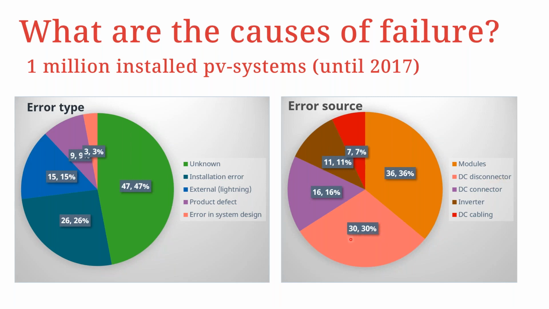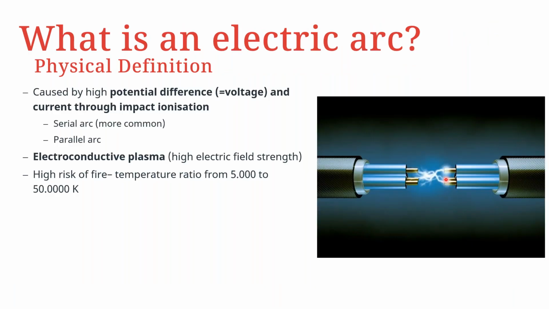And then the other errors from the inverter itself, the DC connector, and the DC cabling are also accounted accordingly in this pie chart. So when it comes to the problems with DC connectors, or what we refer to as the MC4 plugs, one of the major concerns is the creation of an electric arc.